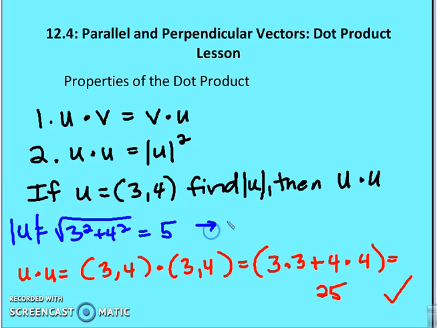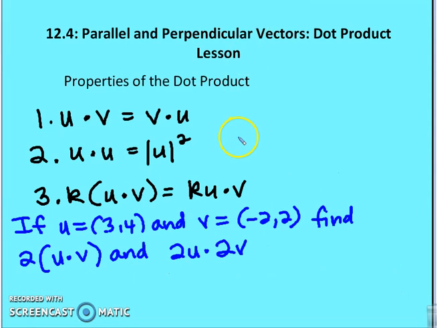So the magnitude of u squared is equal to 25. And then if we take u dot u, 3, 4 dot 3, 4, I end up with 9 plus 16, which is equal to 25. So this checks out. This property, at least on the surface using numbers, does work.